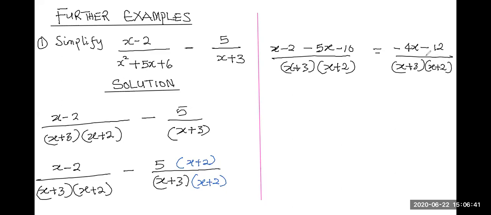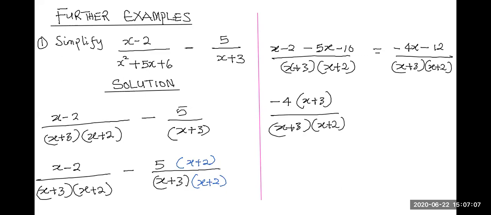We don't stop here. We check whether we can factorize this further, and whether it has anything in common with the denominator. Factorizing out minus 4, which is common, we get minus 4 times (x plus 3), divided by (x plus 3)(x plus 2).